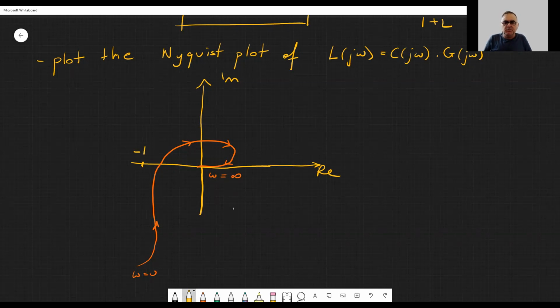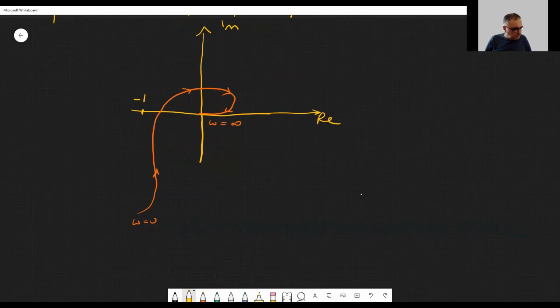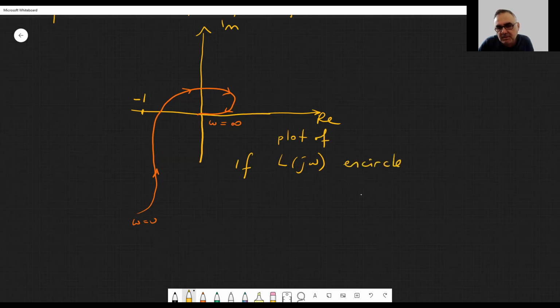As I said, I'm going to give you this theorem without any proof.